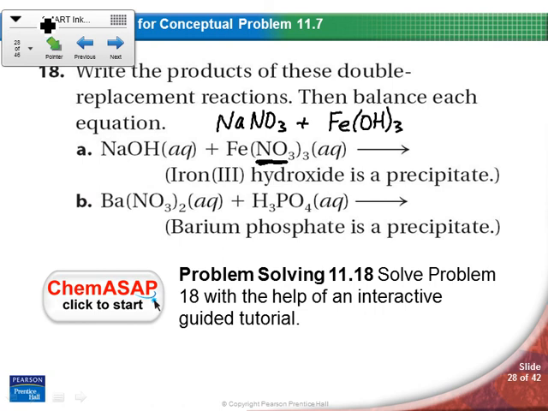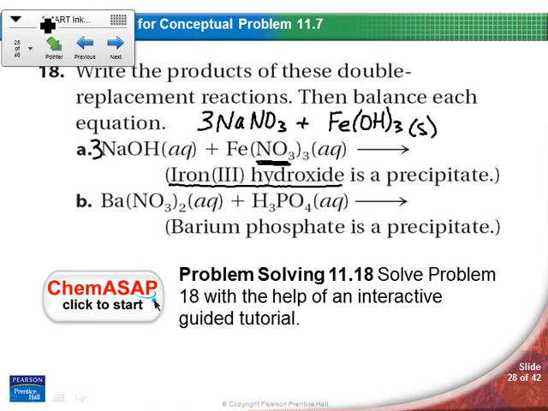So it took 3 of the nitrates, which each have a 1- charge, to balance with the iron, okay? Now the other thing, if you had seen this, they actually tell you on this one. I didn't tell you on your sheet because I wanted you to figure it out. That's a solid, okay? So, let's see here. We need to put a 3 in front of this and a 3 in front of this, right? Is that it? I think that's it.